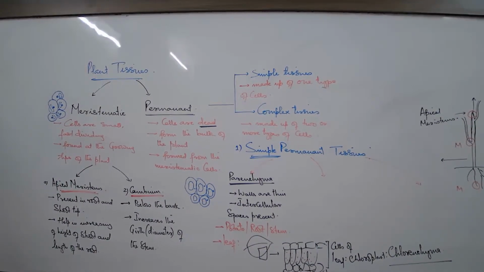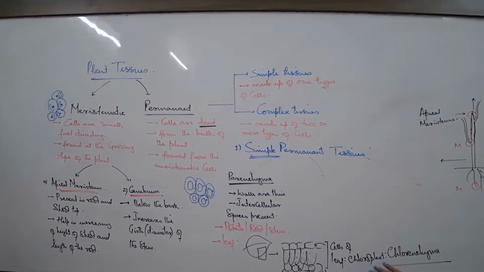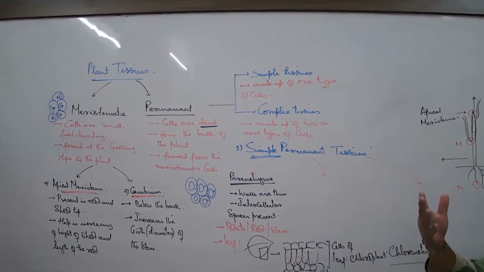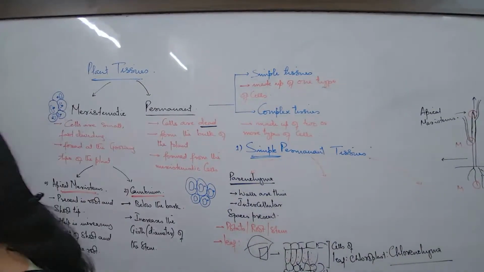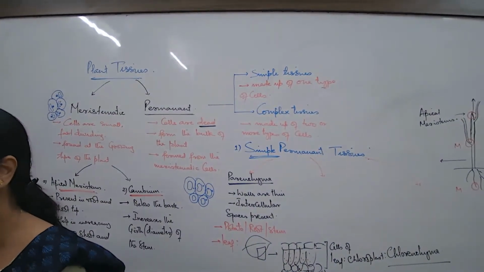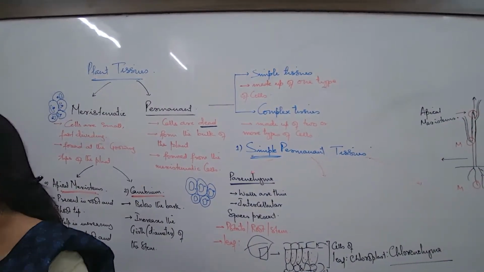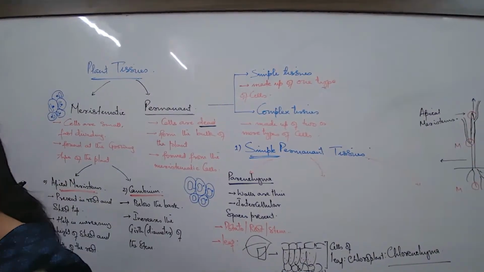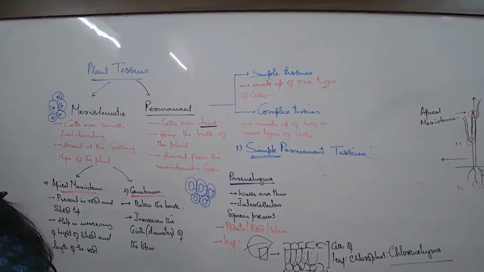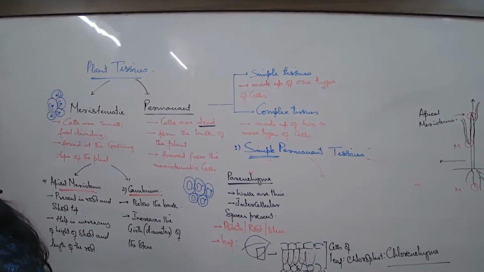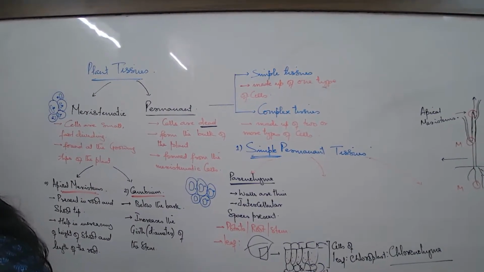The entire tissue, whether I talk about the leaf or the stem or the root. Look into the parenchyma figure, the section. Is it not made up of only one type of cell? Yes. If tissues are made up of only one type of cell, what will we call them? Simple tissue.